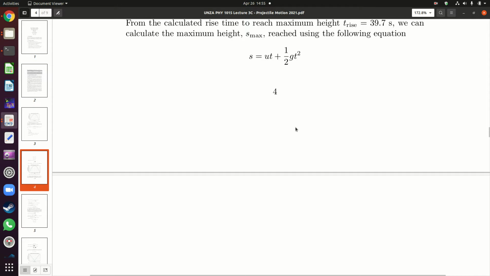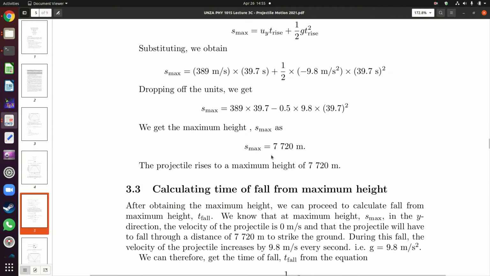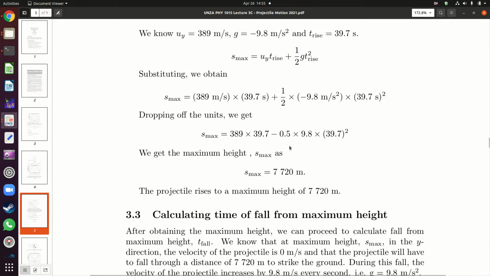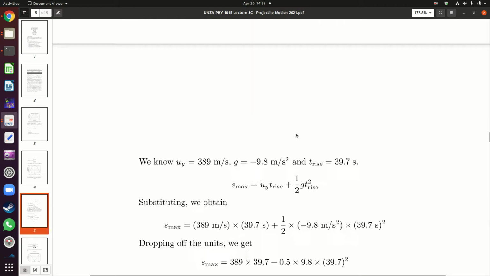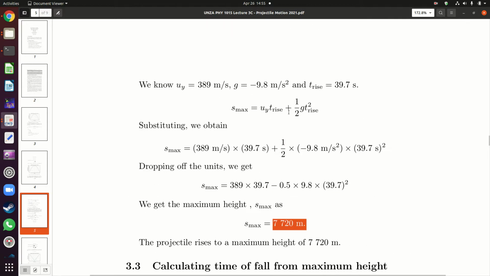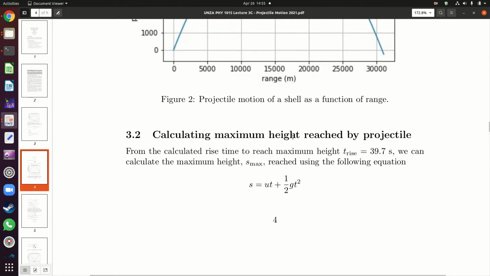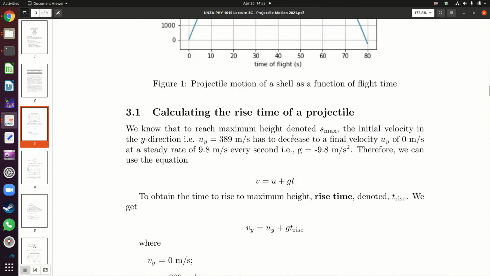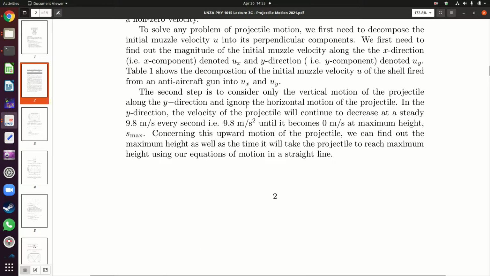So we have a maximum height of 7,720 meters, and our rise time is 39.7 seconds. One thing you notice is that the velocity is the same as in our earlier example, 550 meters per second.